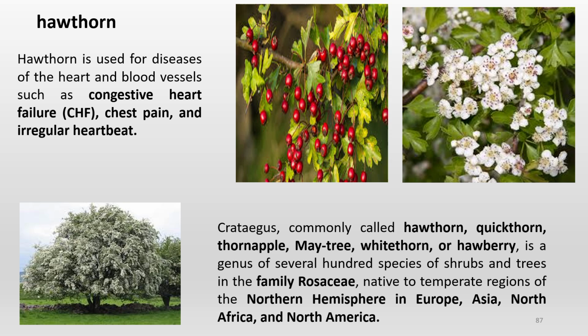Crataegus, commonly called Hawthorn, quickthorn, thorn apple, May tree, whitethorn or haveberry, is a genus of about 100 species of shrubs and trees in the family Rosaceae, native to temperate regions of the Northern Hemisphere in Europe, Asia, Africa and North America. So you should know about Hawthorn.